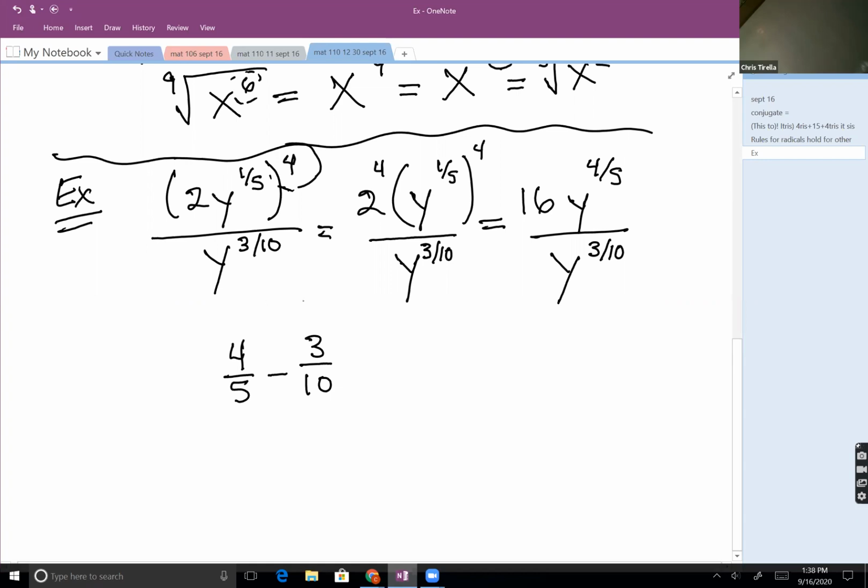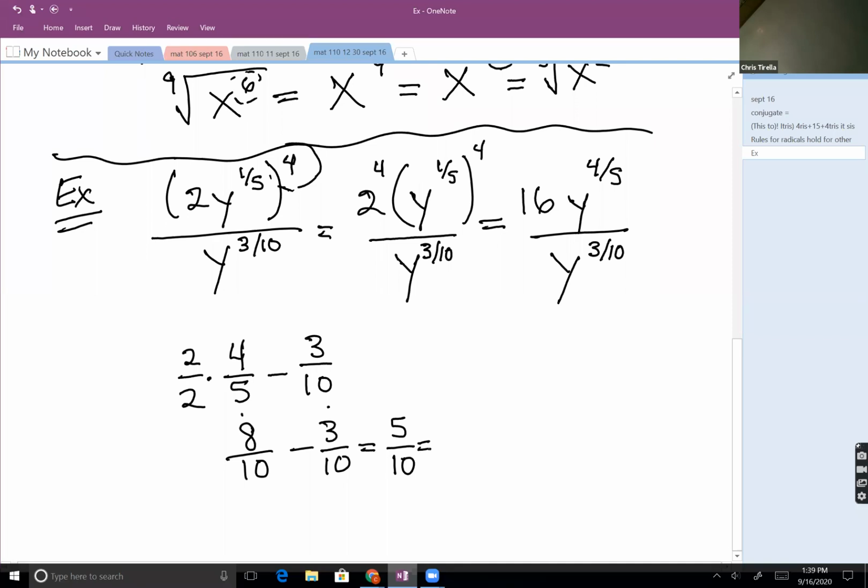Does everybody remember, in order to subtract fractions, I need to have a common denominator. Between 5 and 10, it would be 10. This first fraction, I'd have to multiply by 2/2, which gives me 8/10 minus 3/10. Now that I've got the common denominator, I'll subtract the numerators, 5/10.